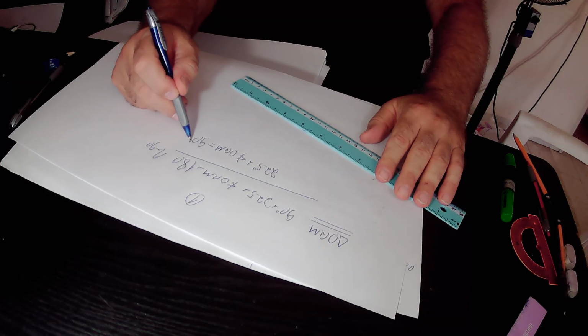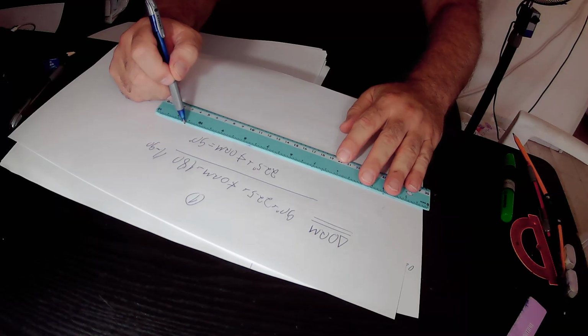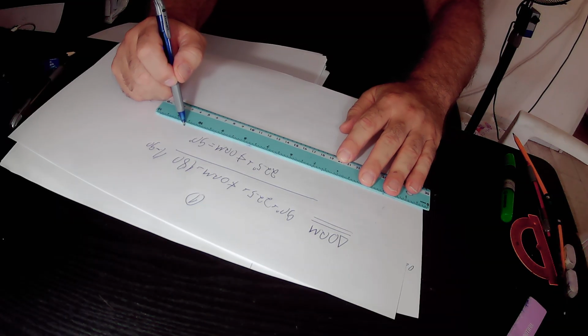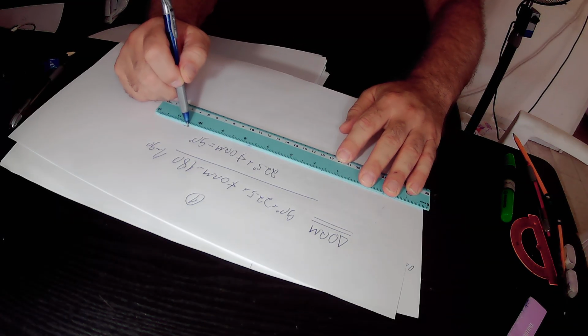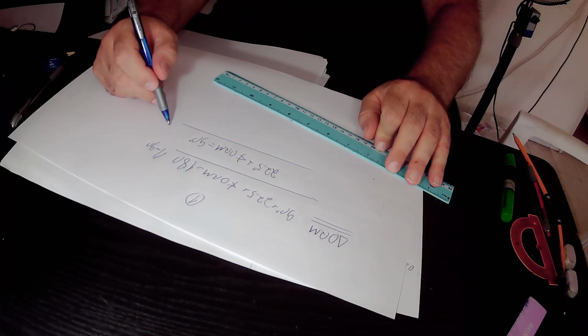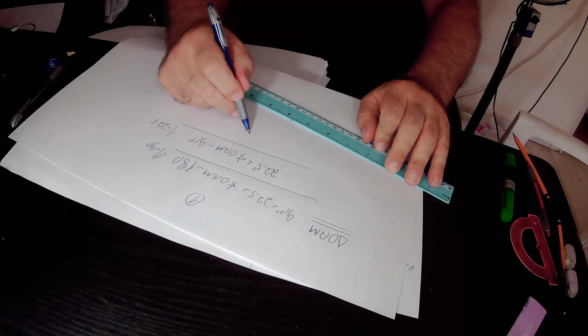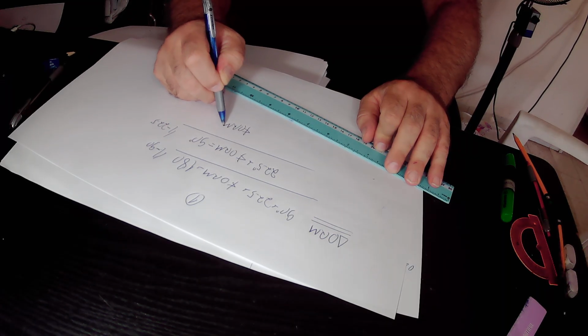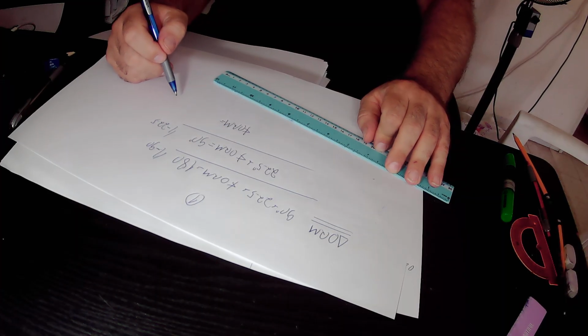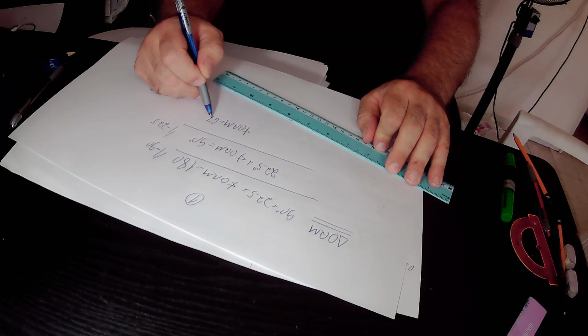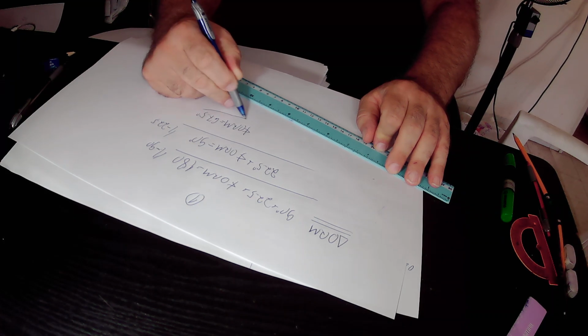So 22.5 degrees plus the missing angle OQM in total is equal to 90 degrees. Here we subtract 22.5 degrees from this equation, and we get that the missing angle OQM is equal to 90 degrees minus 22.5 degrees, it is equal to 67.5 degrees in its size.